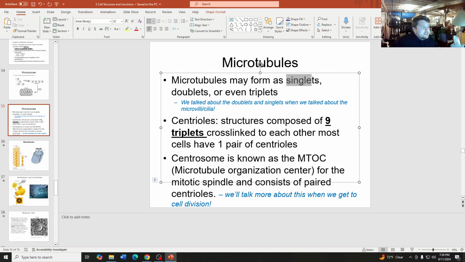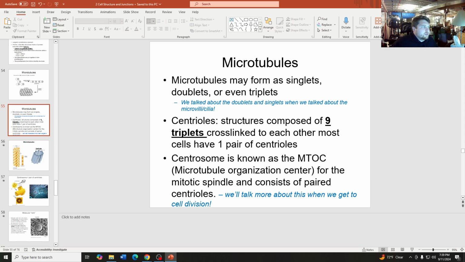These may form as singlets, doublets, or even triplets. We actually saw this previously, when we were talking about the cell junctions and the special structures, how when we looked at some of the cilia that have movement, we saw that they had the 9+2 structure, where you have 9 doublets and then the 2 singlets in the middle.